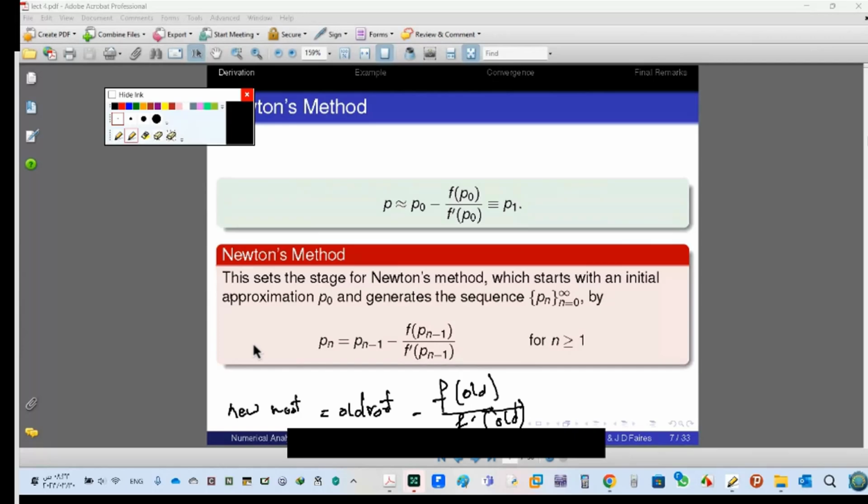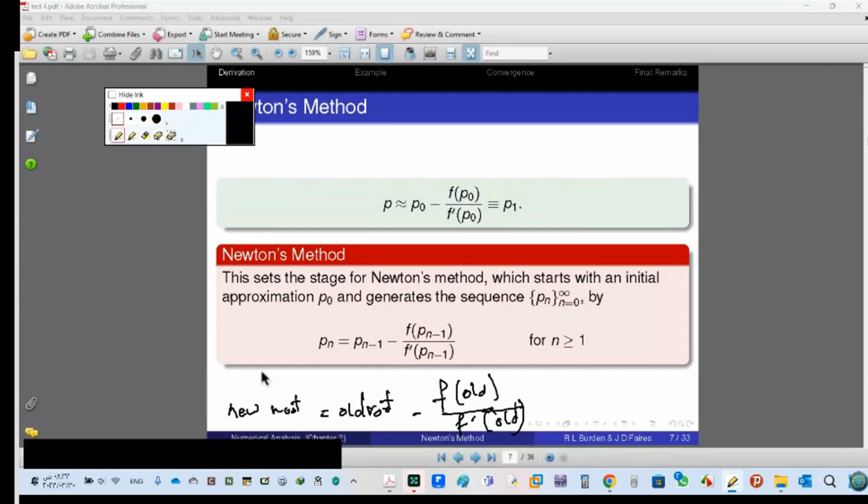Again, Newton method says new root equals old root minus f of old over f prime of old.